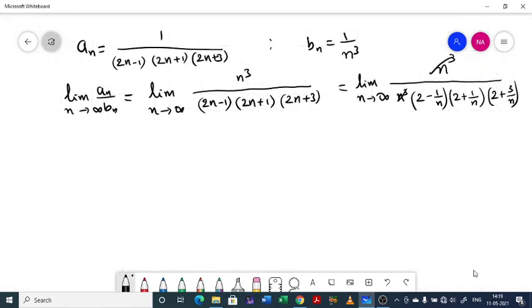So limit an by bn as n tends to infinity equals 1 divided by 8, which is a non-zero finite number.